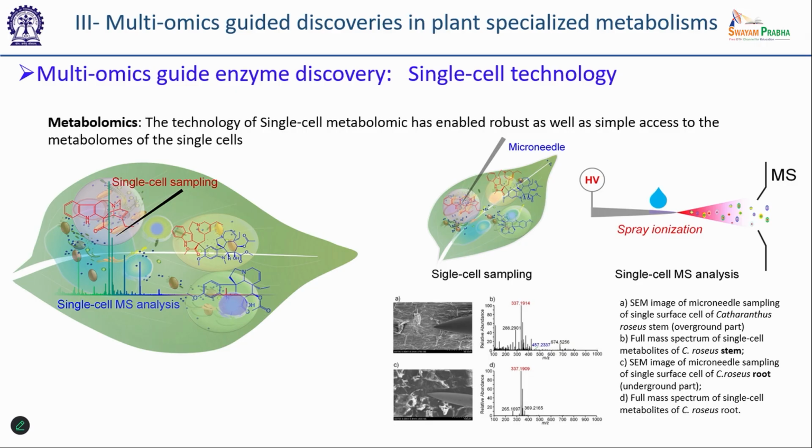So you can, with micro needles, so you need to have a microscope, okay, and you don't take the micro needle directly by hand. It's always manipulated with micro systems, okay. And in this way, you can take the metabolite content of just one cell, which can be linked with the transcriptome of this one cell.